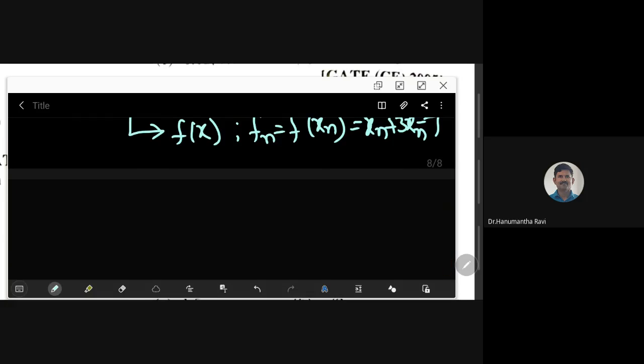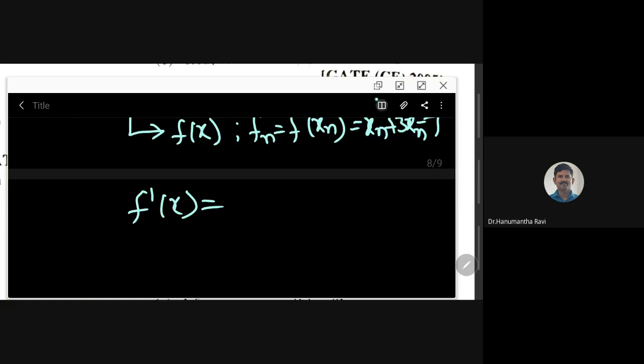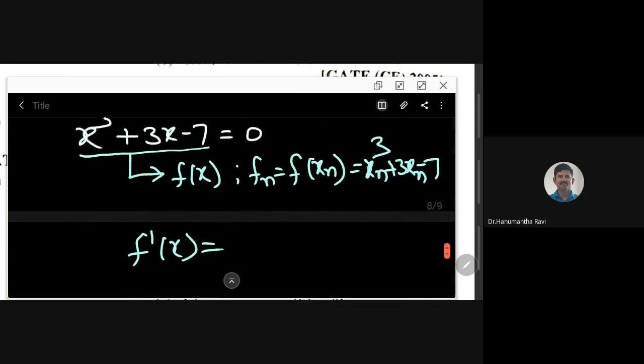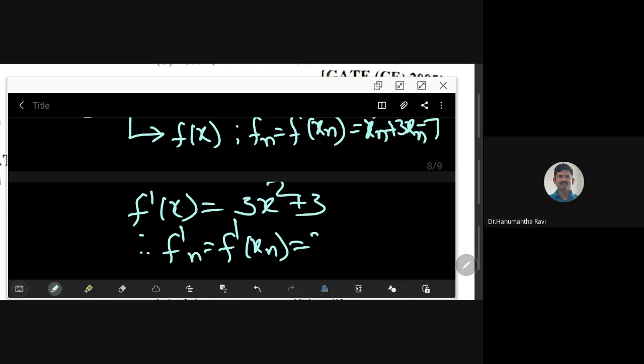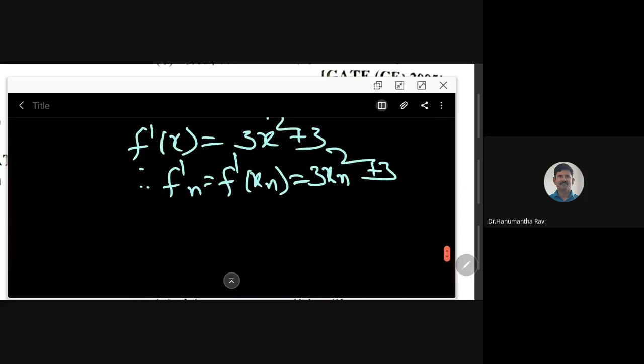So what is f dash of x? F dash of x is 3x square plus 3. Therefore, f dash n is 3xn square plus 3, right.